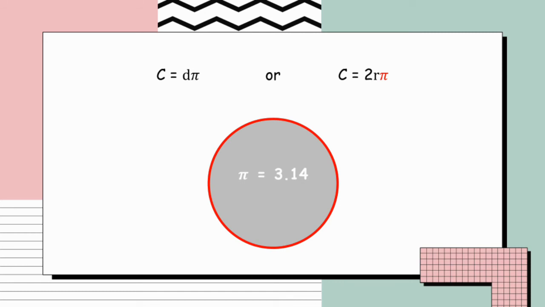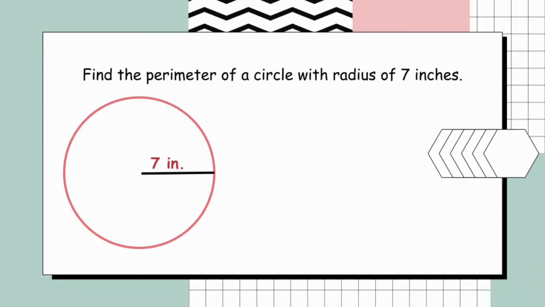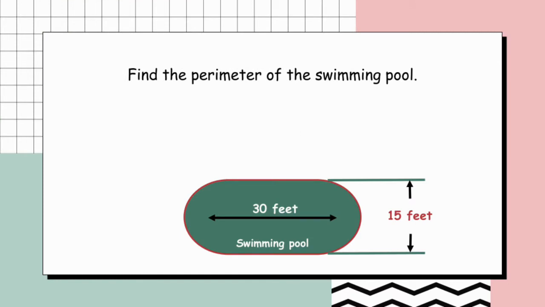For example, find the perimeter of a circle with a radius of 7 inches. C equals 2 times 7 times 3.14 equals 43.96 inches.